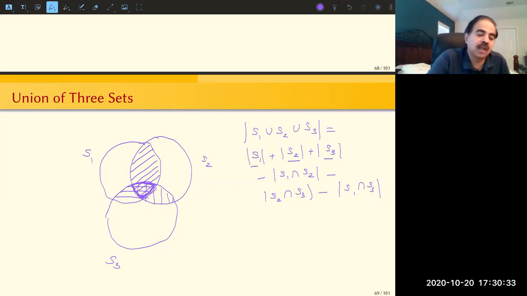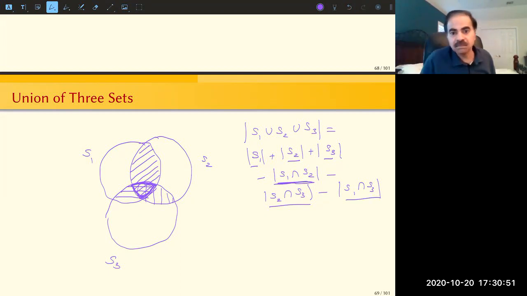Now we also triple subtracted it because it got subtracted out as part of S1 intersection S2, S2 intersection S3, and S1 intersection S3. So it was triple counted, and then we reversed all of the triple counting. So now we have counted those elements exactly 0 times, so we have to add that back.